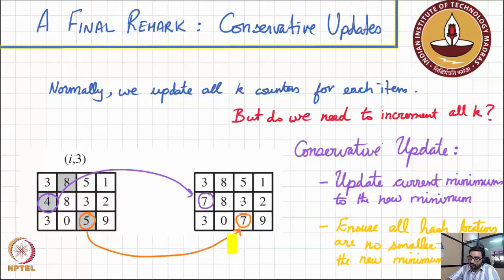We don't have to take it to 8. And this hash location has the counter value 8. It's retained at 8. We don't need to increment that at all. This gives us slightly better results. We're going to skip the analysis because that's outside the scope of what we want to talk about. But it's a neat little trick to keep the count min sketch a little bit more sharp. Okay, so that concludes our segment on the count min sketch.